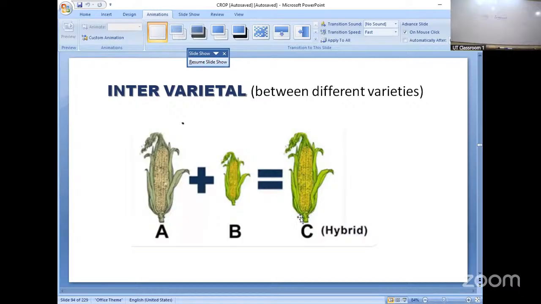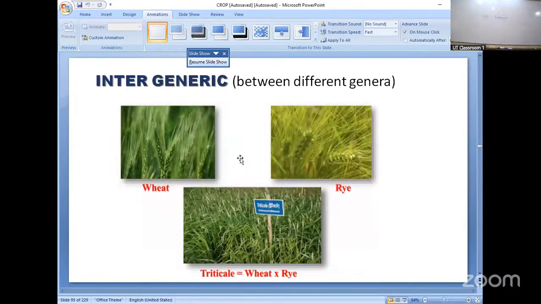Okay, this is intervarietal. And intergeneric means between different genera, like wheat and rye. When wheat and rye were crossed, a new variety, triticale, is formed. Like donkey and horse were crossed together, they form a mule, right, in animals. So this is called intergeneric, between different genera.